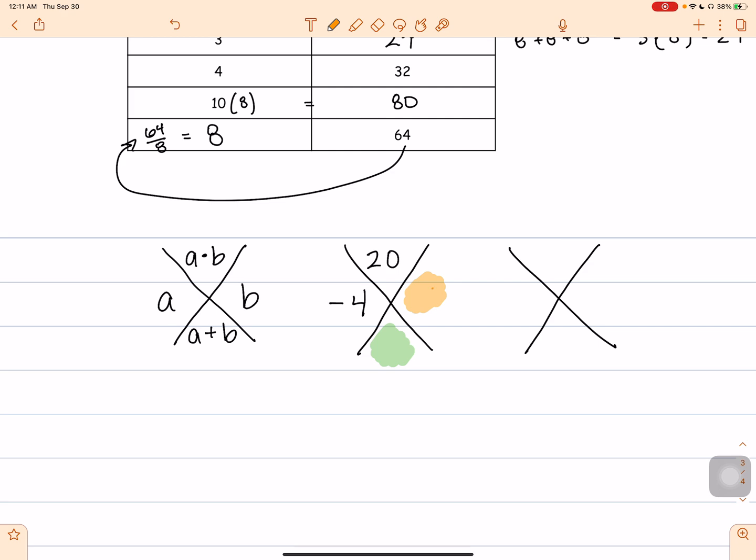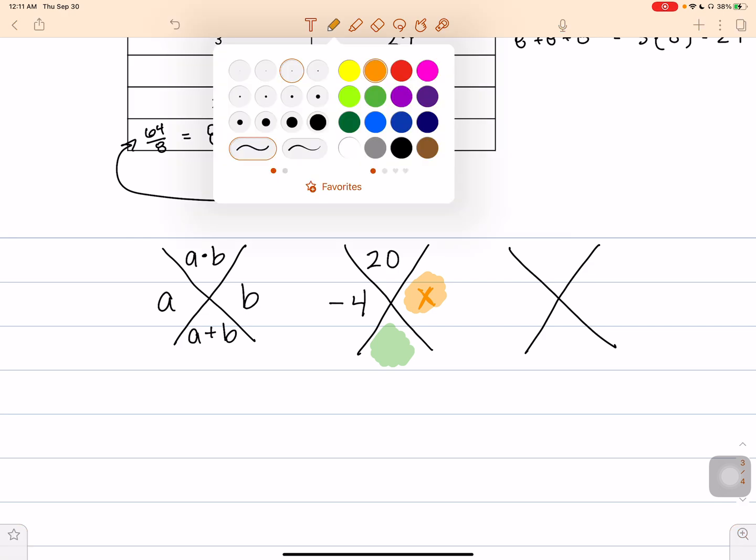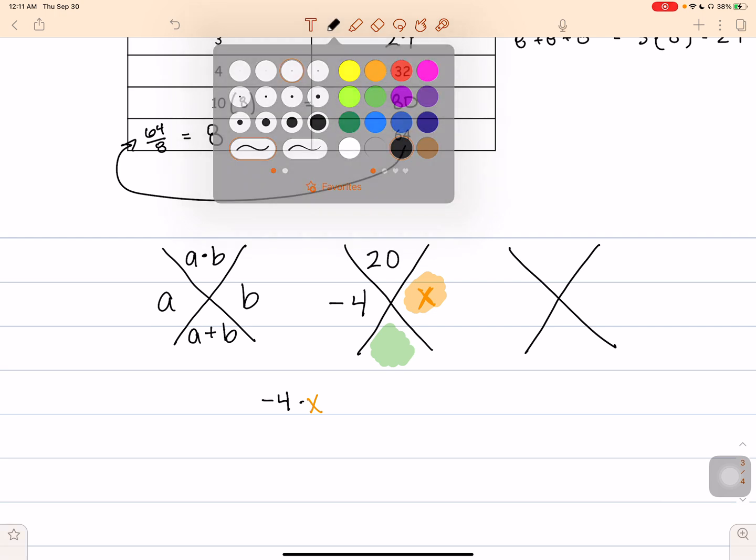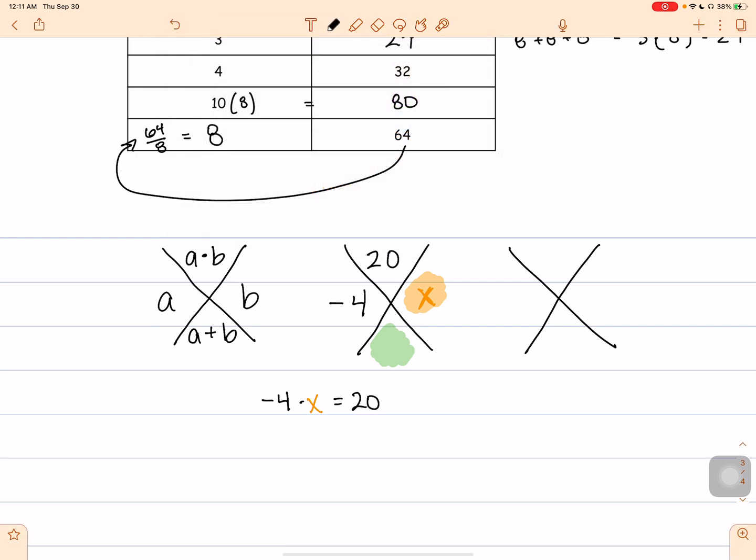You can say, okay, I'm just going to call this orange side X for now, and I'm going to write an equation. According to my rule, I know -4 times X should equal 20. So whatever that X is, I'm multiplying it by -4 to get 20.